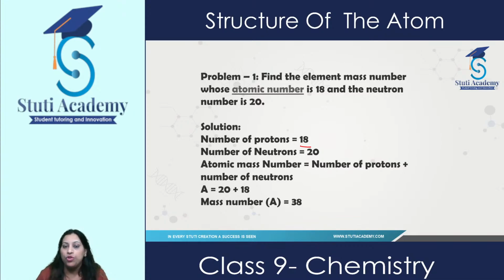Now, number of neutrons is given 20. You need to find out mass number. Atomic mass is equal to number of protons plus number of neutrons. You will write just by adding both the numbers. Okay.